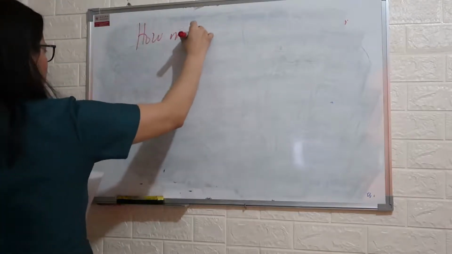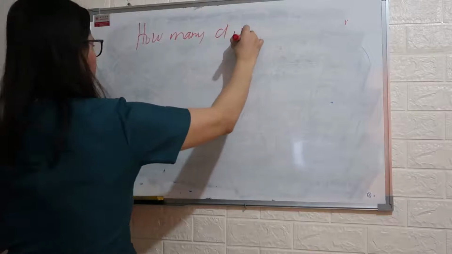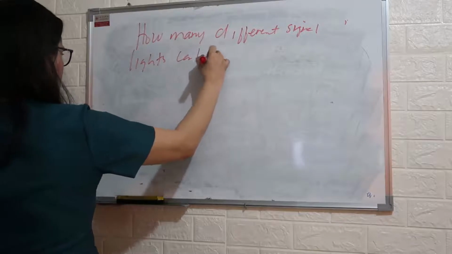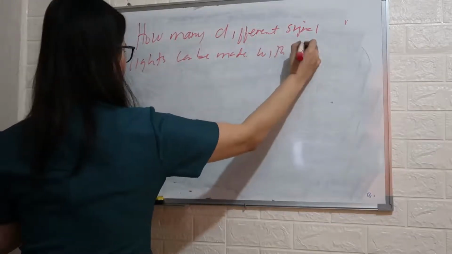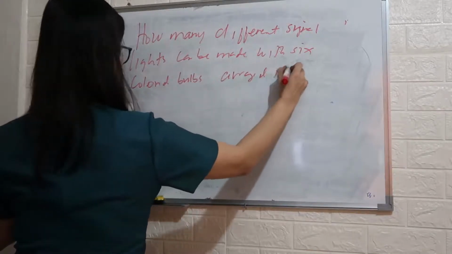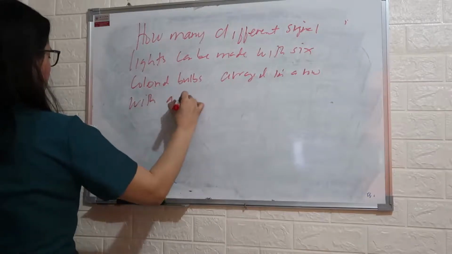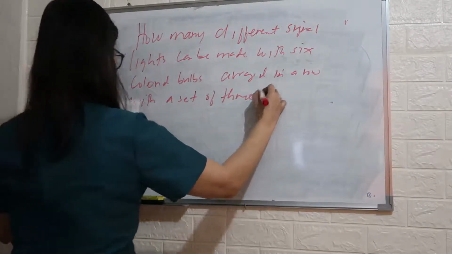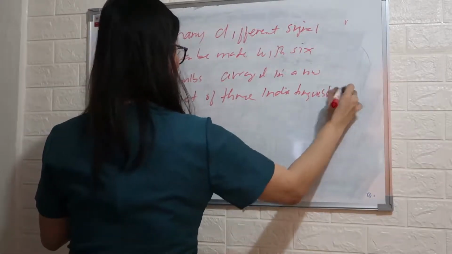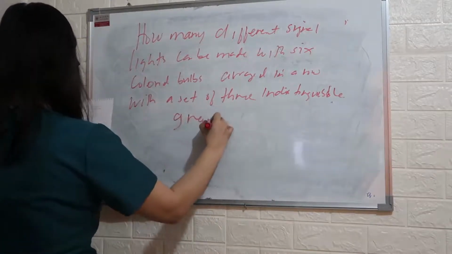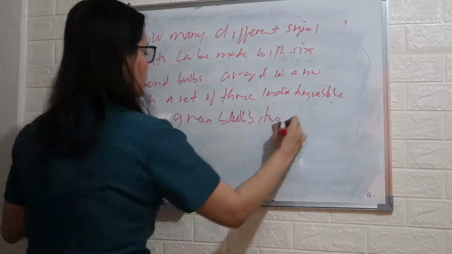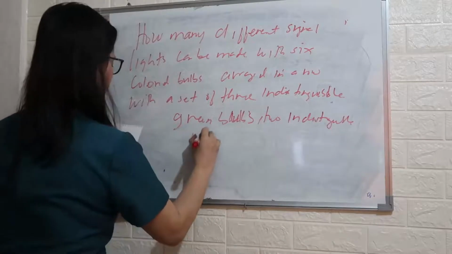How many different signal lights can be made with 6 colored bulbs arranged in a row with a set of 3 indistinguishable green bulbs, 2 indistinguishable red bulbs, and then yellow?